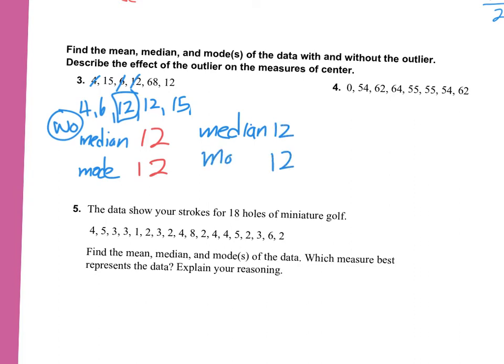Wow. But do you know what we forgot to do? The mean. The average. So let's find the average without and then with the outlier. So we'll do this one first. So we're going to go 4 plus 6 plus 12 plus 12 plus 15.